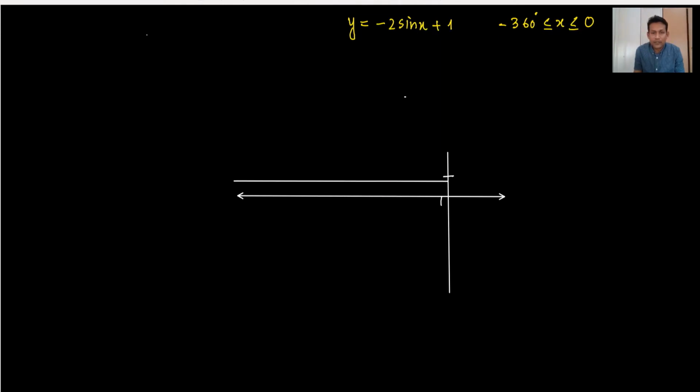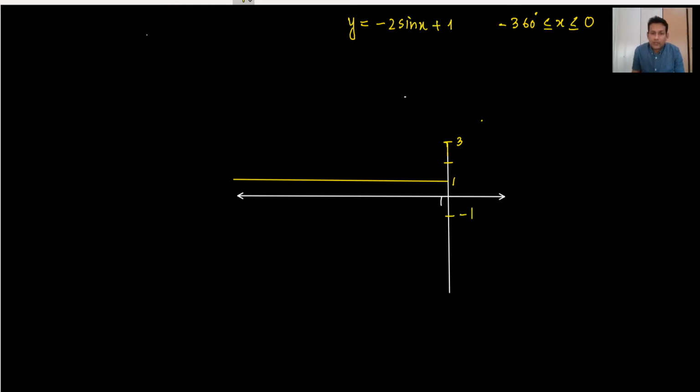If this is the axis of the curve, I have to move from the axis of the curve, 2 up and 2 down. So 2 up means 3, and down until -1. Okay.